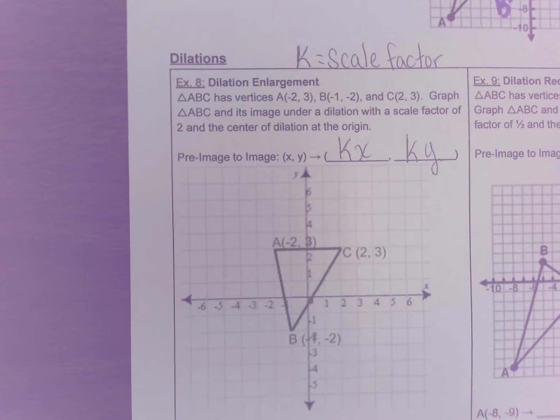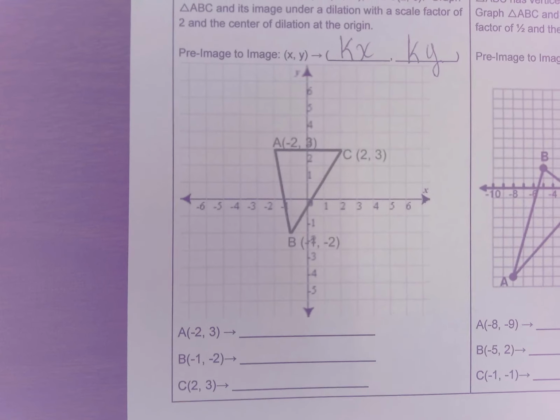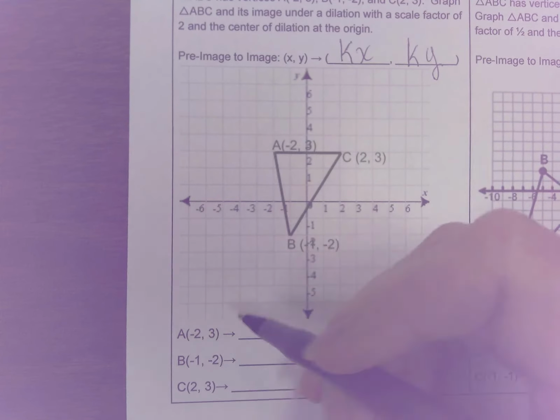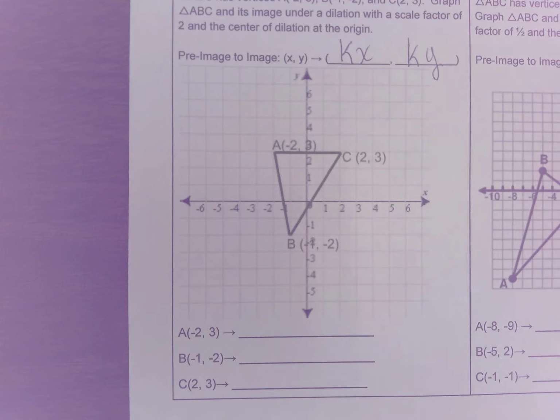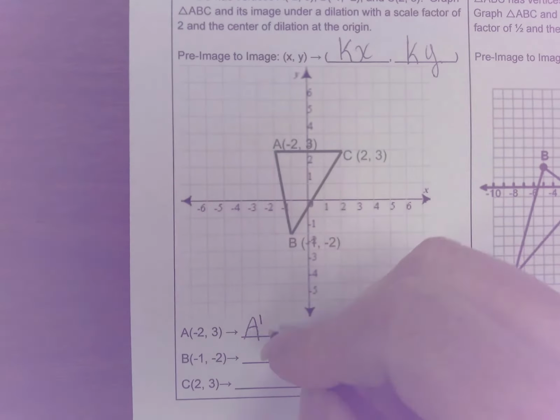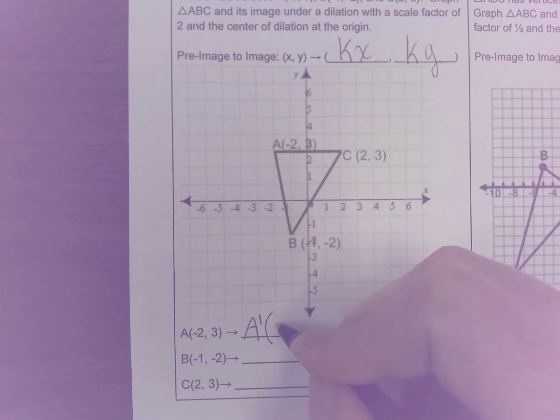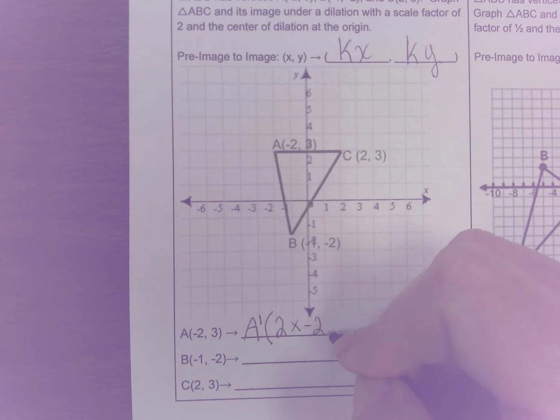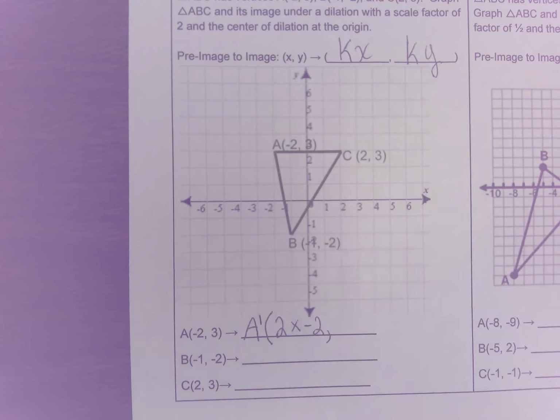So when we look at this problem, if point A is (-2, 3), A prime is going to be calculated by the scale factor, which is 2, times the -2 for your x value, and the 2, again, which is the scale factor, multiplied to the 3.